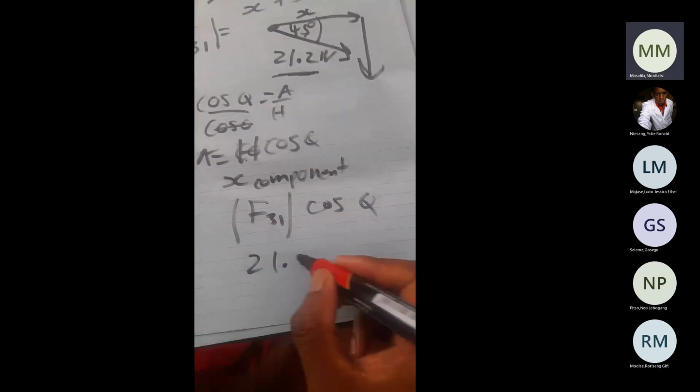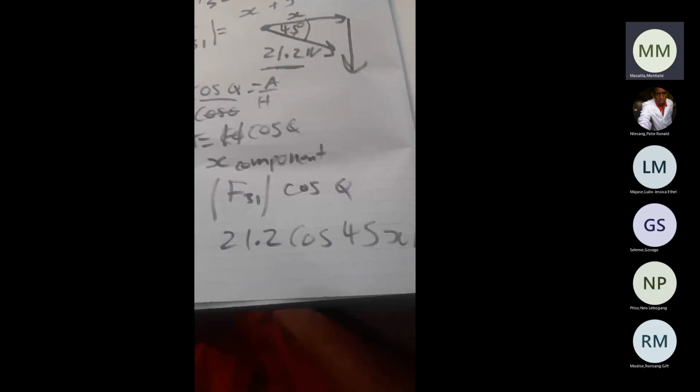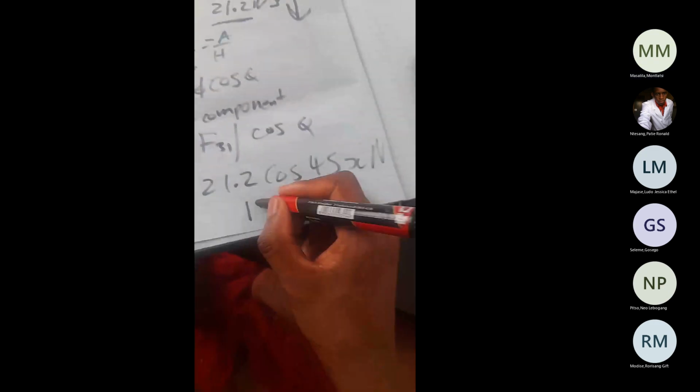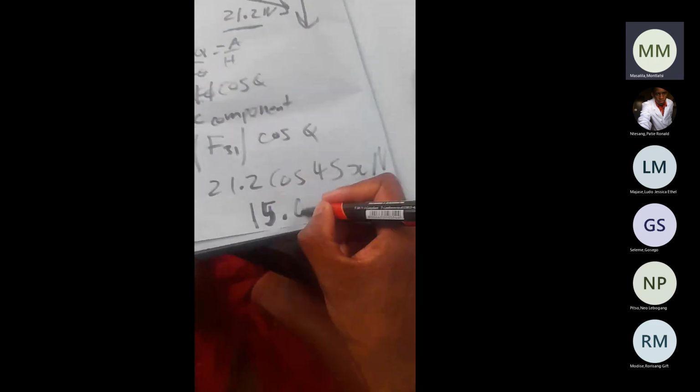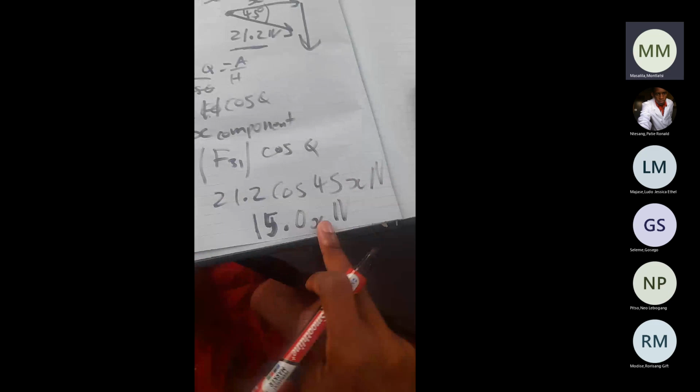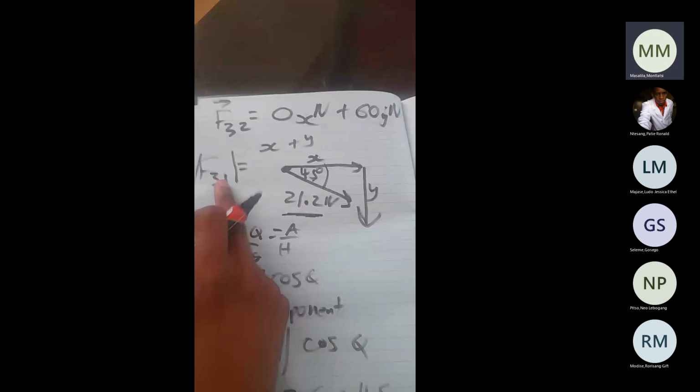F31 is 21.2 cos 45 x Newton, which gives us 15.0 x Newton.